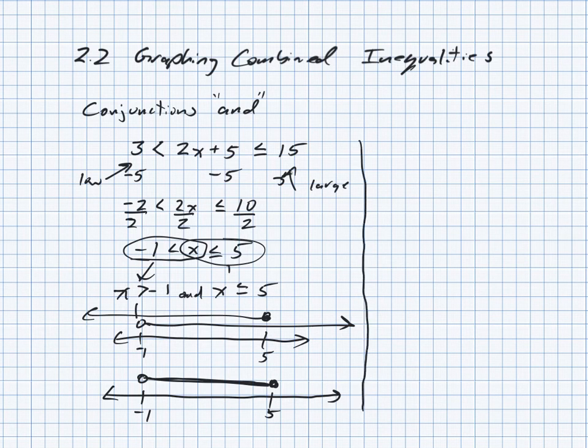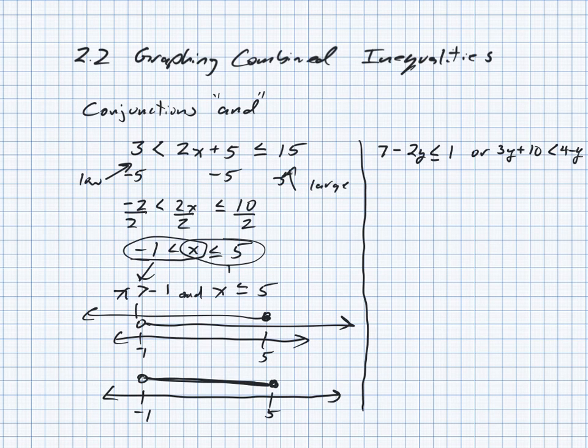If we have a disjunction, I'll do that one on the other side. Disjunctions use the word or. An example of a disjunction would be 7 minus 2y is less than or equal to 1, or 3y plus 10 is less than 4 minus y.